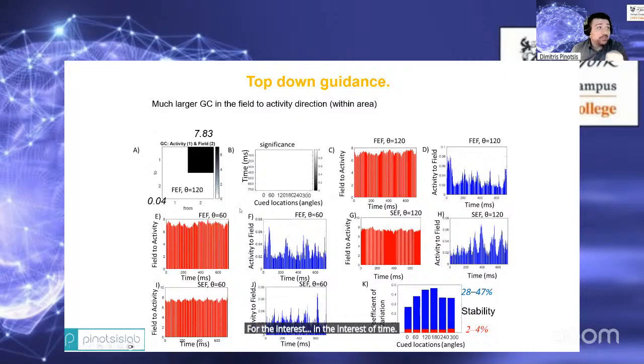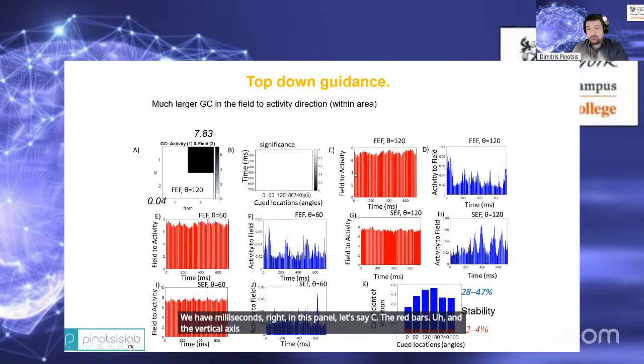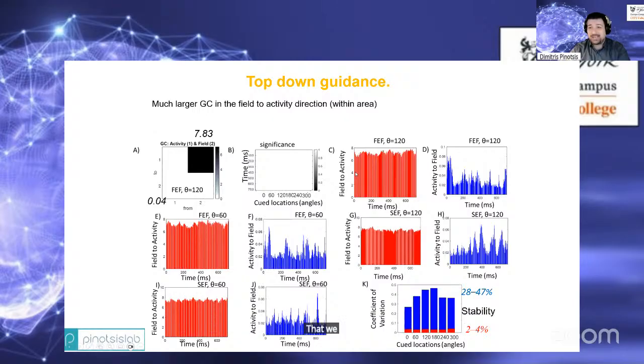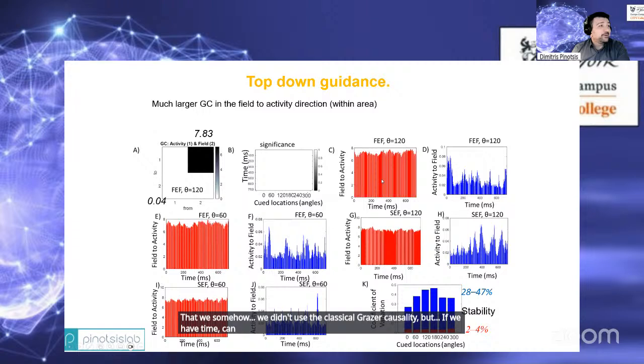On the horizontal axis, we have milliseconds. In this panel, let's say C, these are the red bars. And the vertical axis is Granger causality, what I just described, with a twist that we didn't use the classical Granger causality, but if we have time, we can talk offline about it.